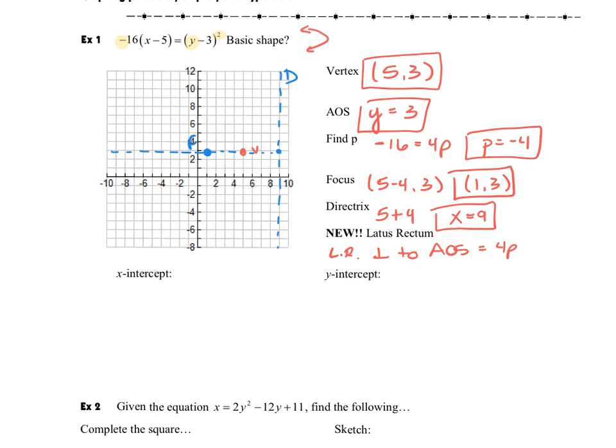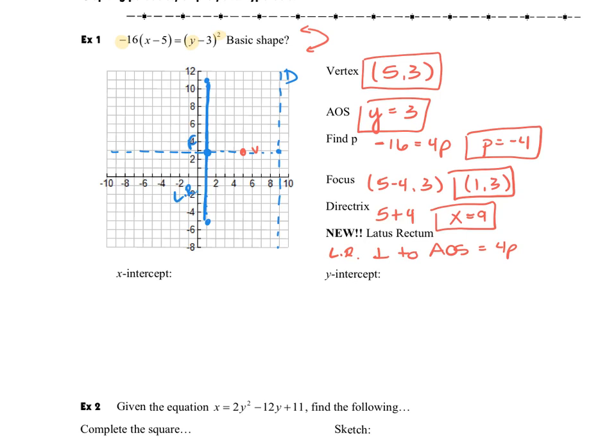Through the focus, we're going to go 8 units up, 1, 2, 3, 4, 5, 6, 7, 8, and then 8 units down, 1, 2, 3, 4, 5, 6, 7, 8. That segment right there is called the latus rectum, the LR.